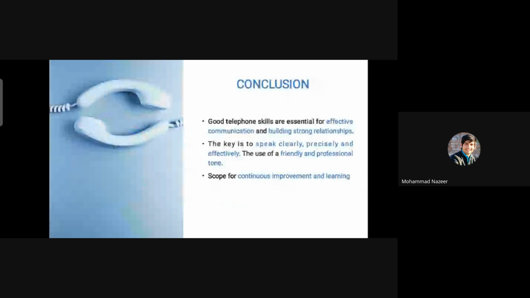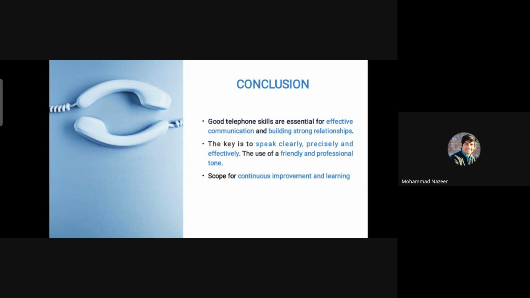Now we are just coming to the conclusion. So the conclusion is, whenever we are using telephonic skills, they are very essential for effective communication and building a strong telephonic relationship. So that is why it is very, very important.